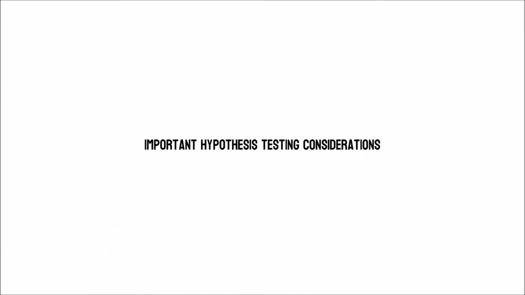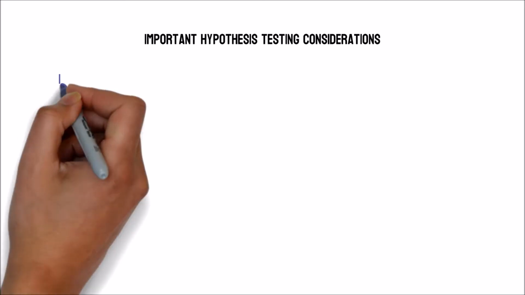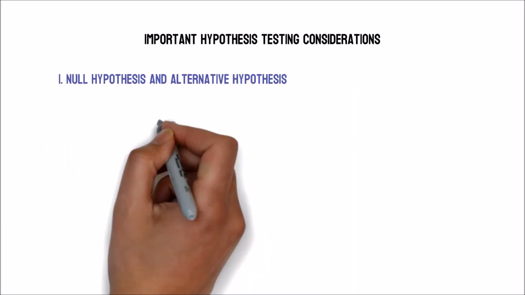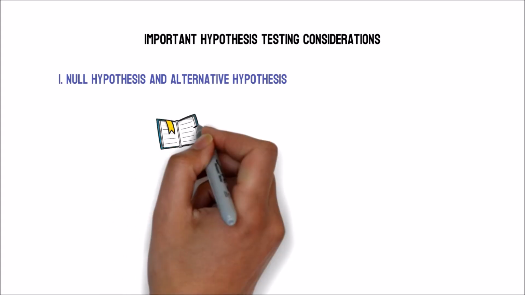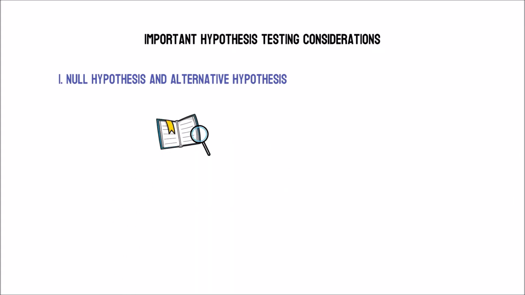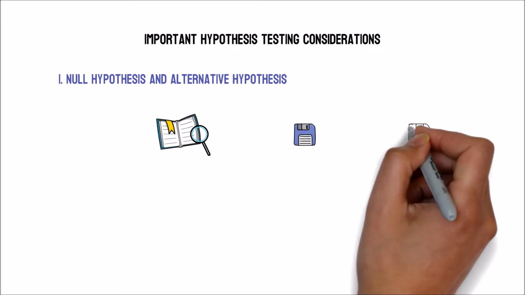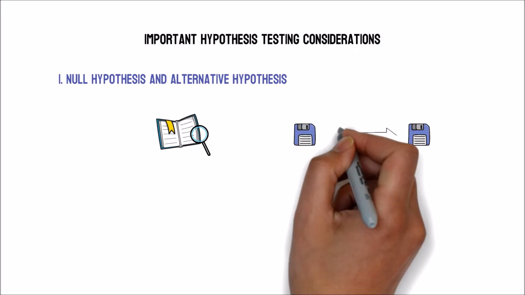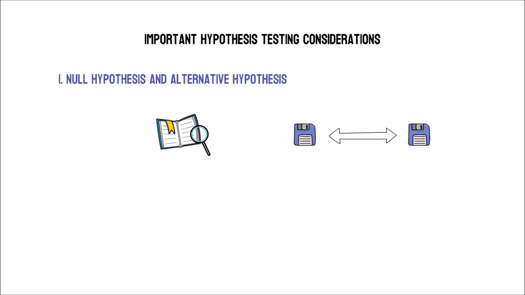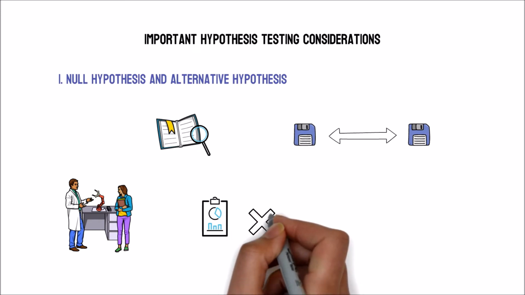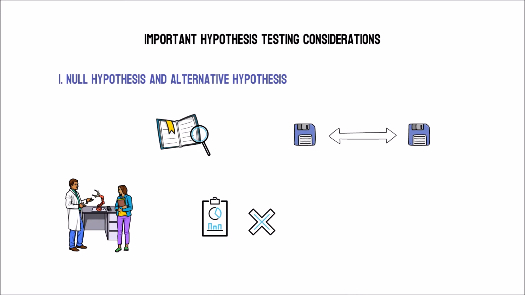Important hypothesis testing considerations: null hypothesis and alternative hypothesis. In testing hypotheses, the theory being evaluated is referred to as the alternative hypothesis. It is most commonly stated as a correlation or statistical link between two pieces of data. The null hypothesis, on the other side, is a declaration that claims there is no statistical relationship among the variables under examination.